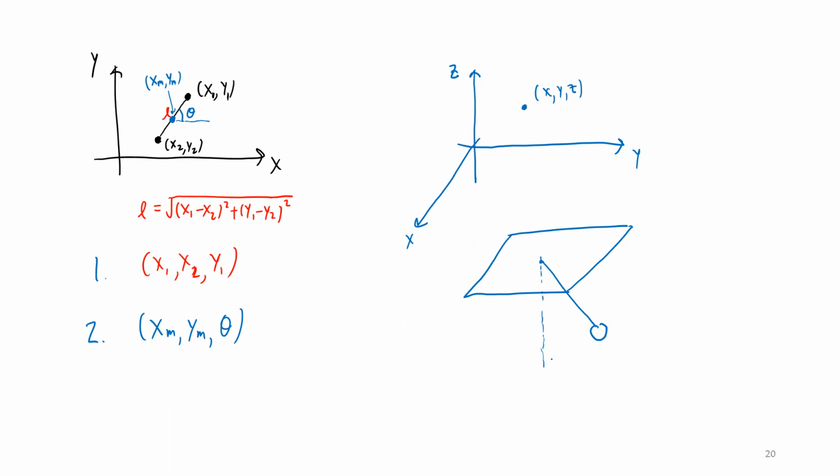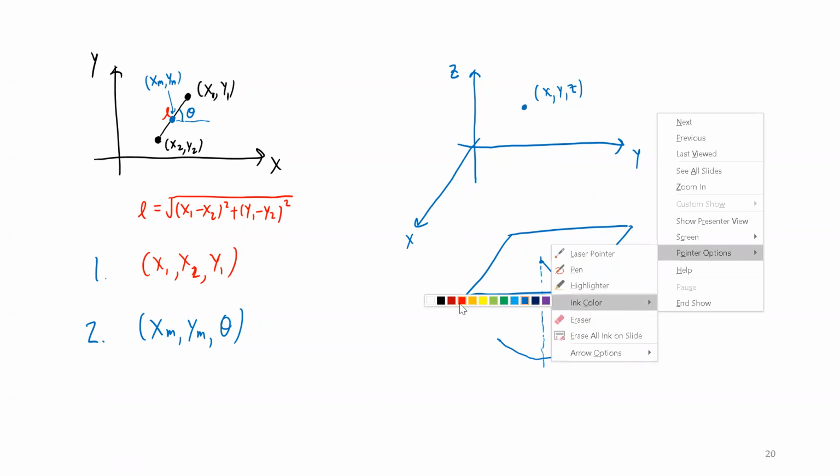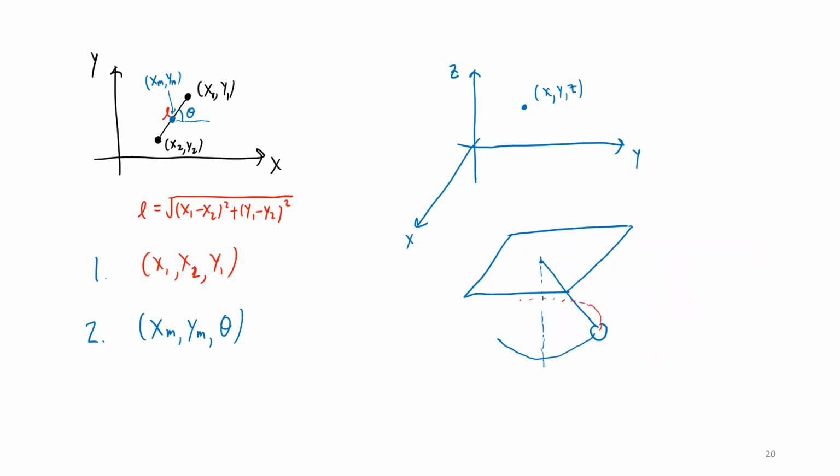This time the pendulum can no longer just do this plane oscillation motion. It can also go like this, just like a circle. It can go like this, or it can go like this.